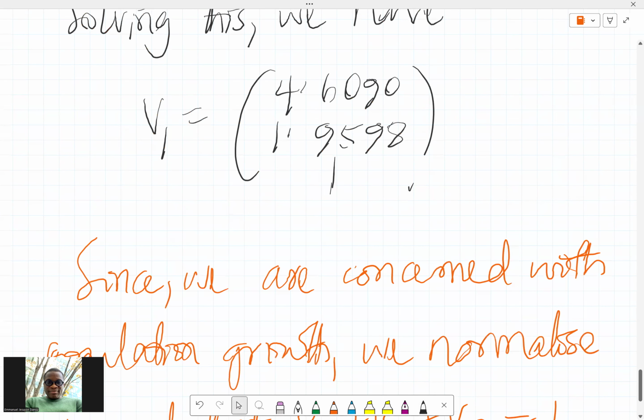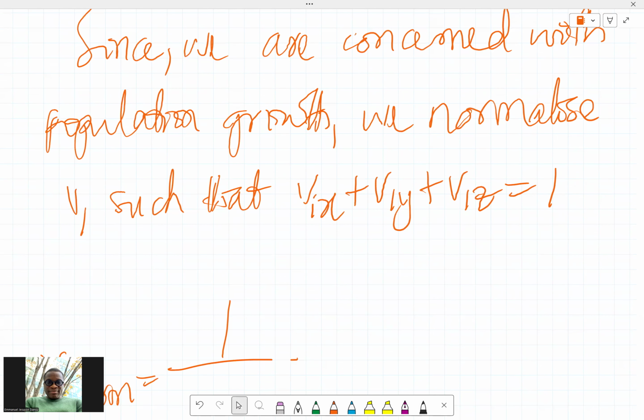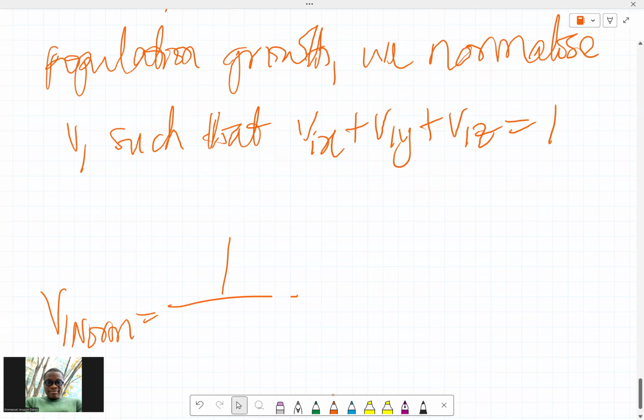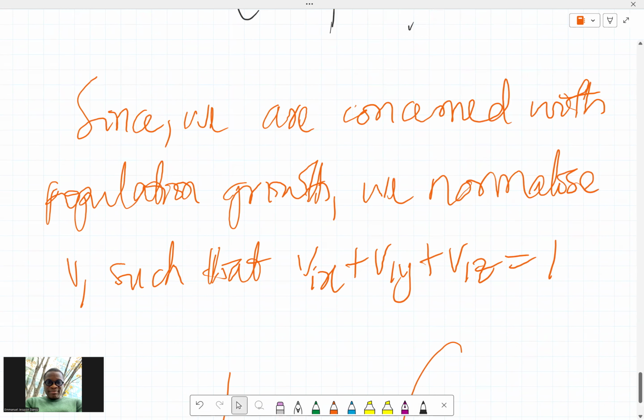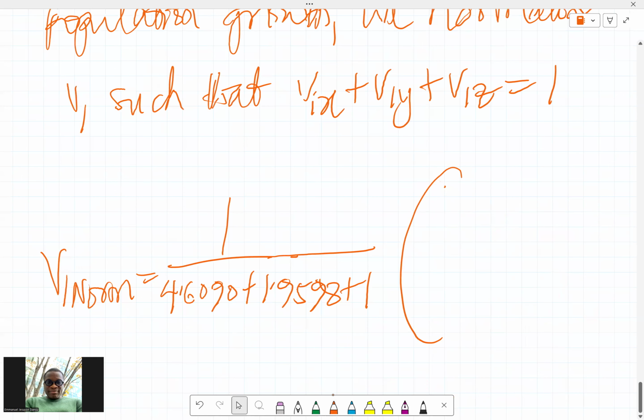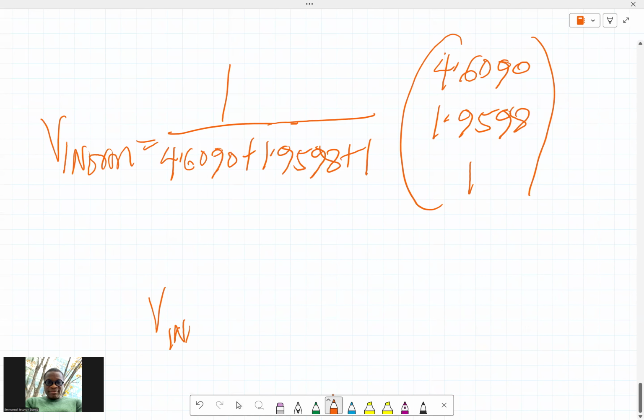The only way to do that is to say that V1 normalized is going to be 1 over 4.6090 plus 1.9598 plus 1, times the vector 4.6090, 1.9598, 1. So at the end of the day, for V1 normalized, we divide each entry by the total sum here.